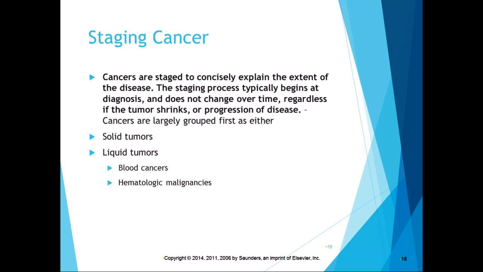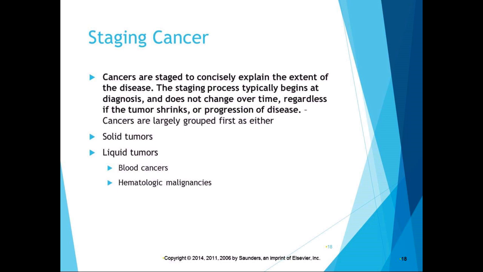Cancers are staged to concisely explain the extent of the disease. The staging process usually begins at diagnosis. It doesn't change over time regardless if the tumor shrinks or the disease progresses. They go with what they first staged.